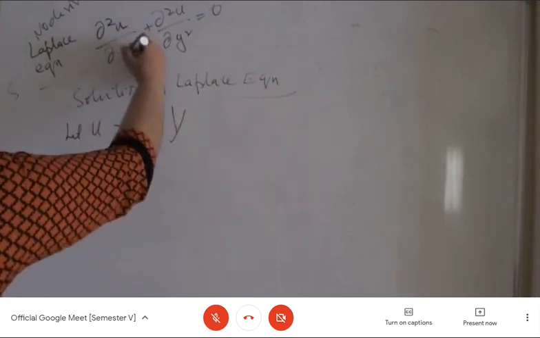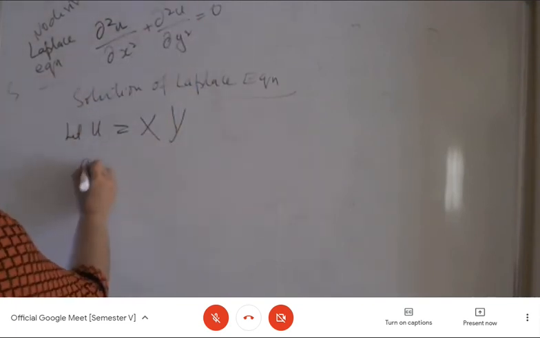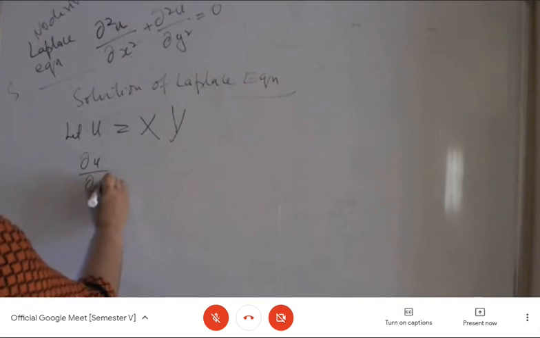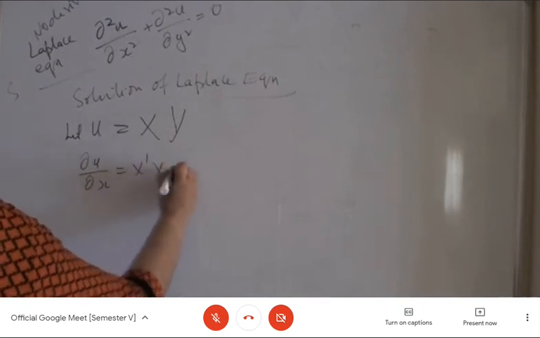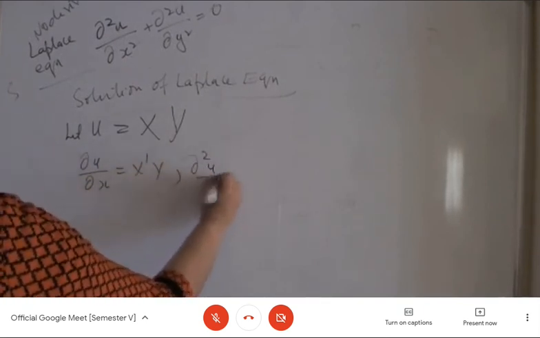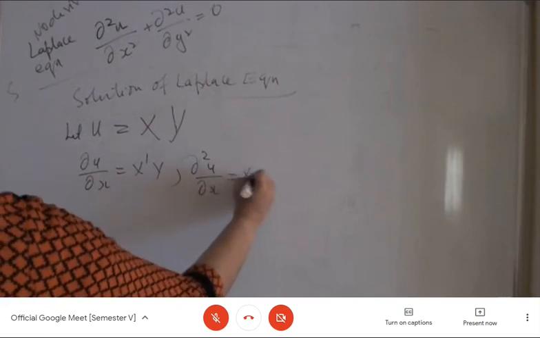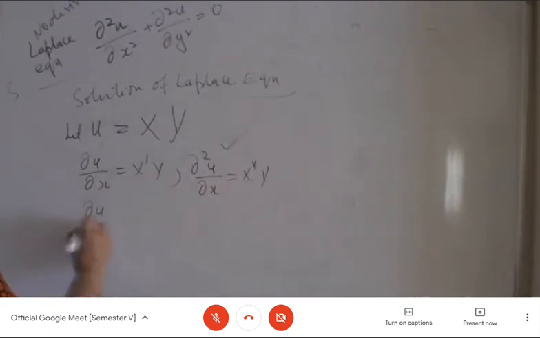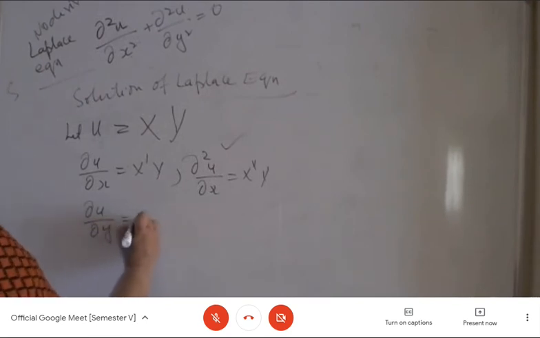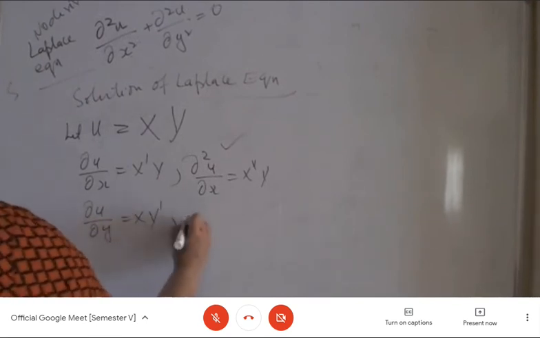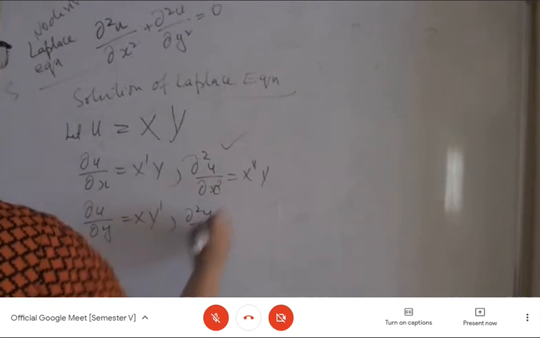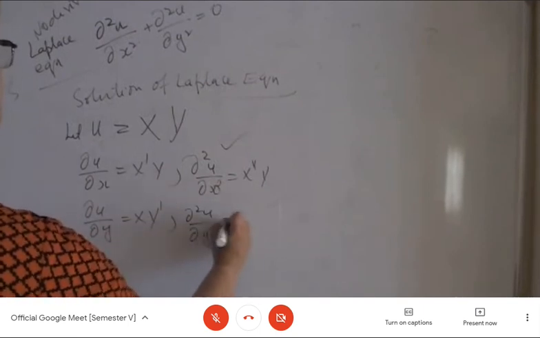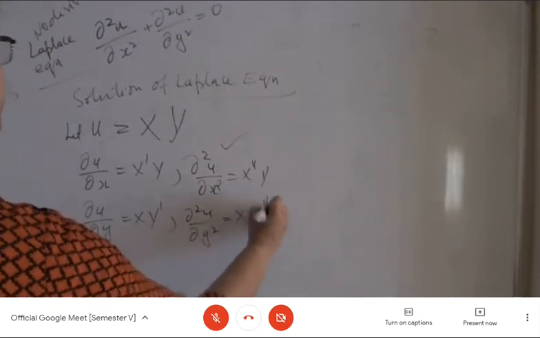You need del squared u by del x squared and del squared u by del y squared. So del u by del x is equal to X'Y, and del squared u by del x squared is X''Y. Del u by del y is equal to XY', and del squared u by del y squared is equal to XY''.